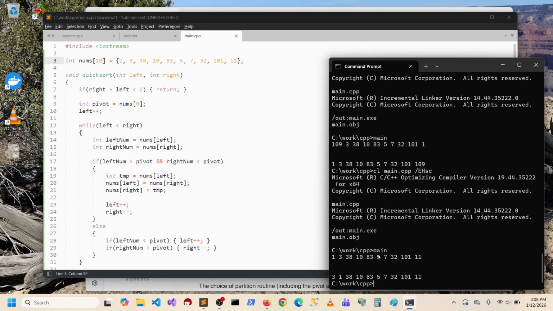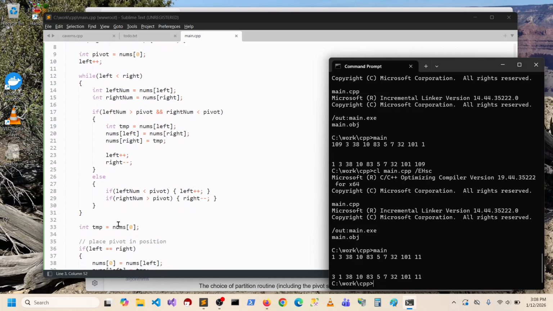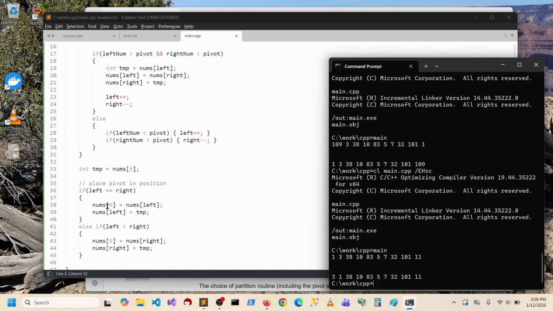So at that point, temp equals 1. Left does equal right, so nums 0 equals nums left, which is 5. And nums left equals temp, which is a 1.